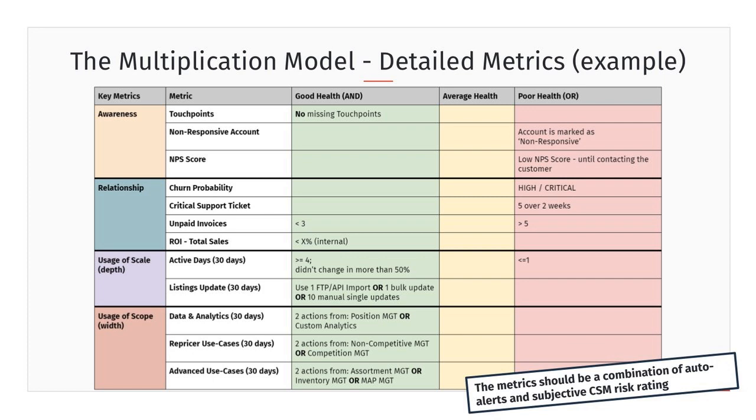And then once we do that, we will mark the account as poor. And then the CSM will need to have a plan of action on how to re-engage with the customer. And once he does and adds the relevant touch point, then he will be good again. So we pay really high attention to the awareness part.